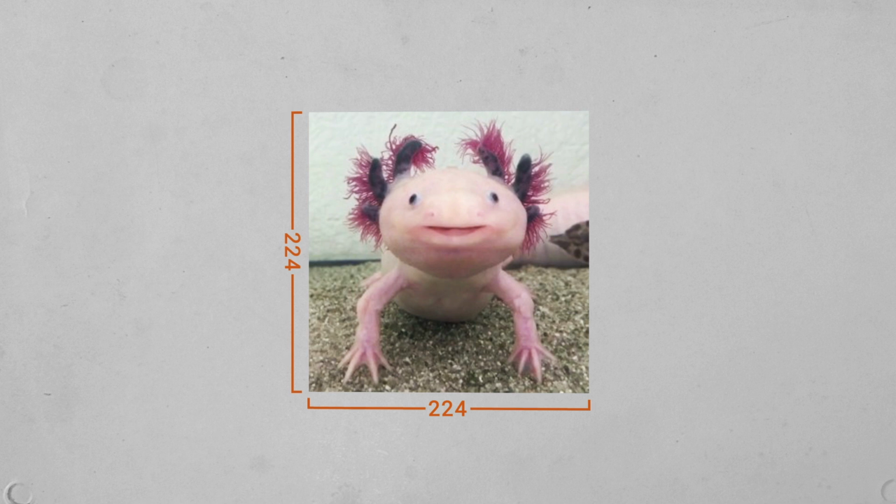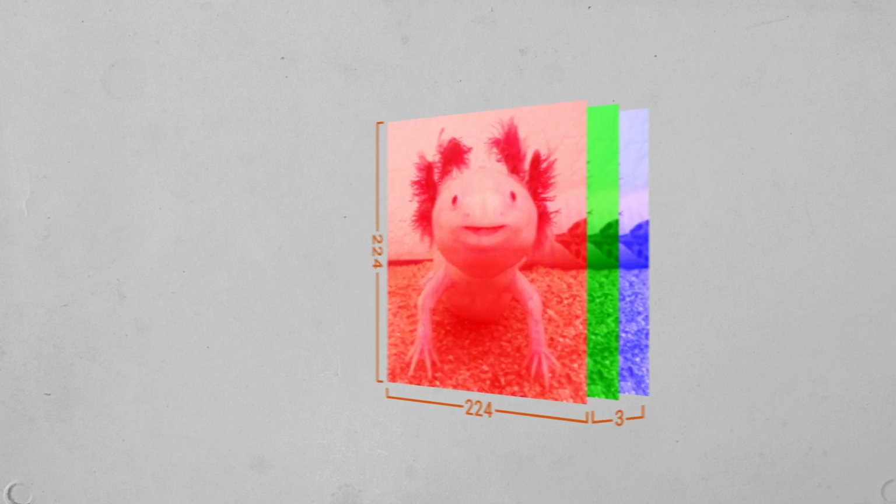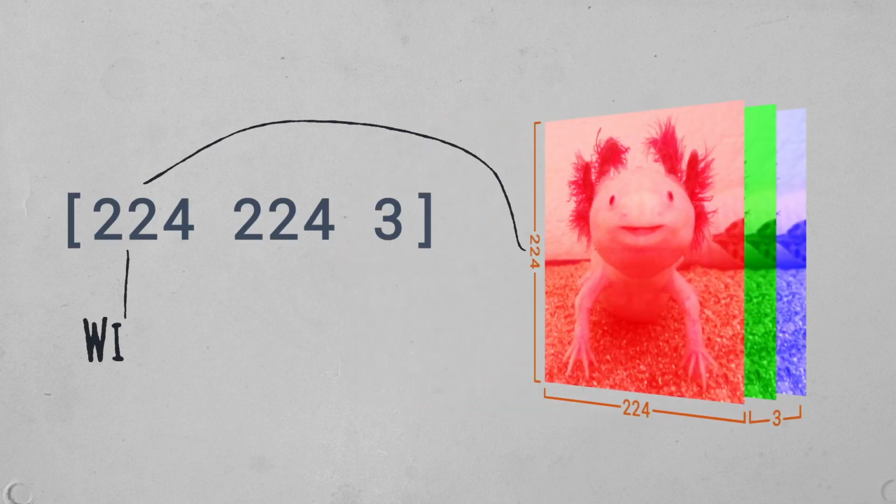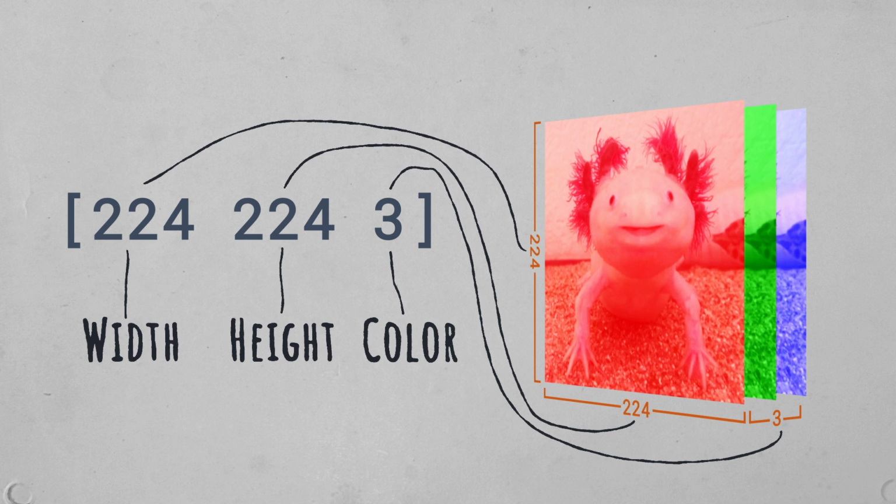Furthermore, each color channel, red, green, and blue, needs to be represented as a separate layer. So the image can be represented as an array that is 224 wide by 224 tall by 3 deep, one each for red, green, and blue. These dimensions define the shape of the tensor. So a tensor representing an image would have a shape of 224 by 224 by 3.